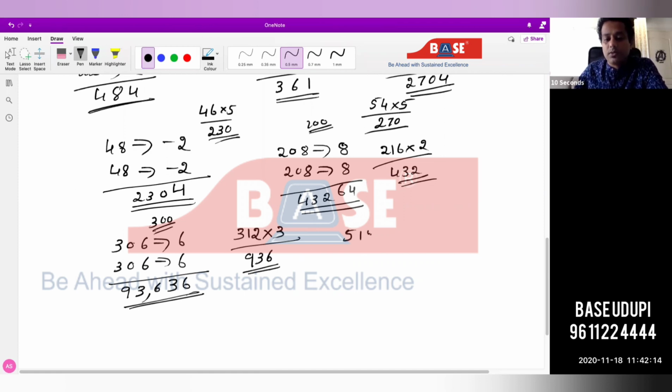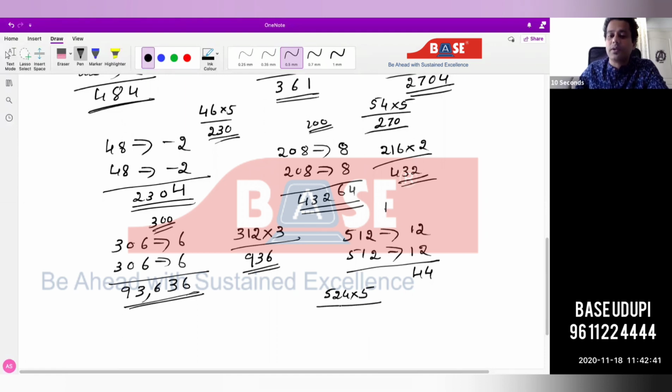Say 512 into 512. Now the catch here is 12 more than 500. 12 into 12 is 144. You can write only 44. Remember, 1 carry. 512 plus 12 is what? 524 into what? Into 5. So it is 2620.